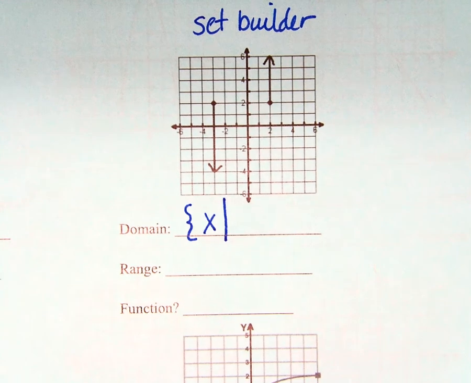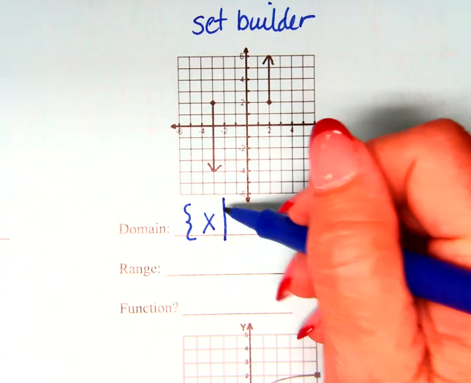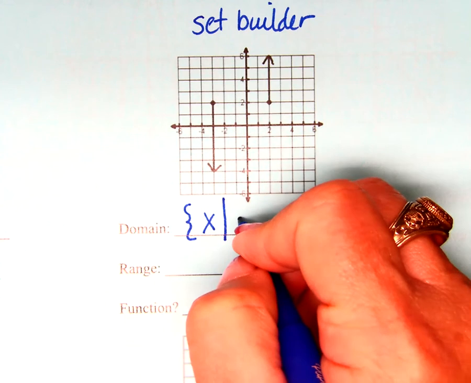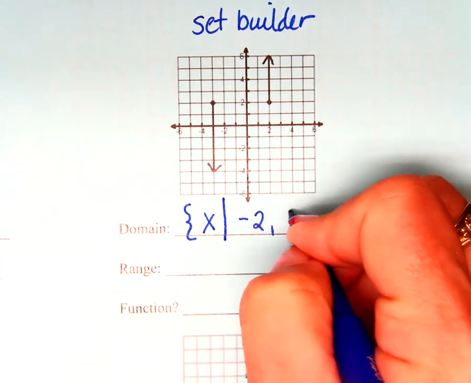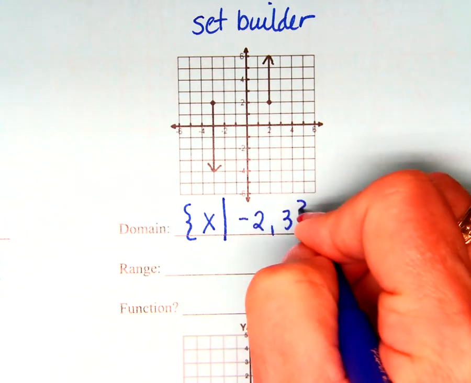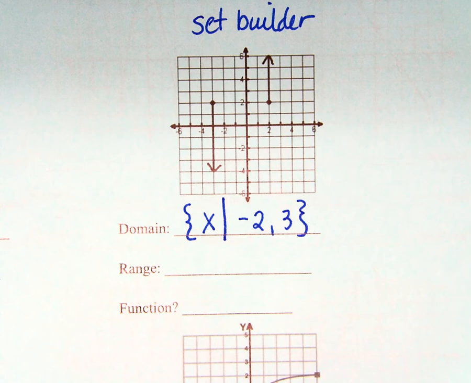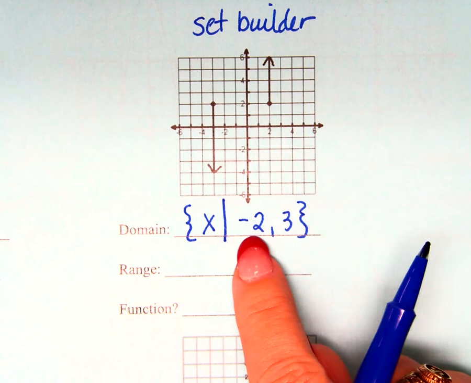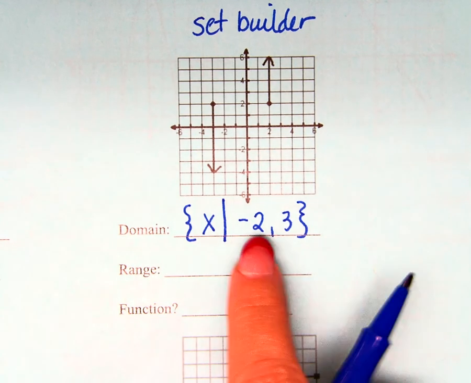It's not a 1. It's not an L. It's a vertical line, and it means such that all the x's are either -2 or +3. There's no other x values but -2 and +3. So I just list them out.